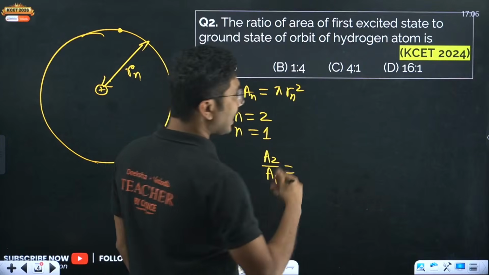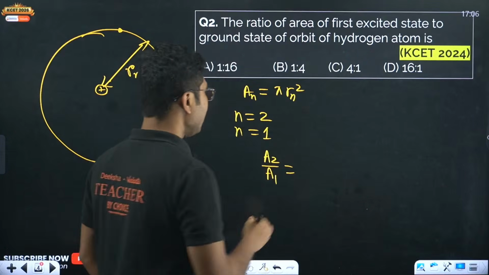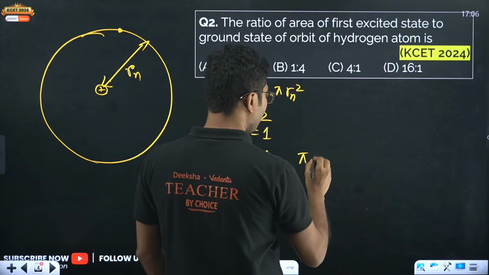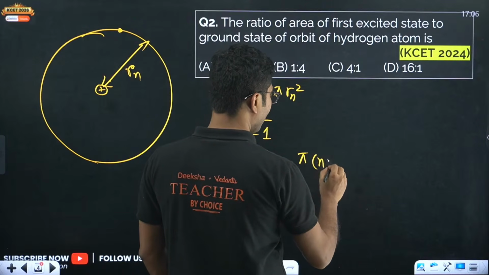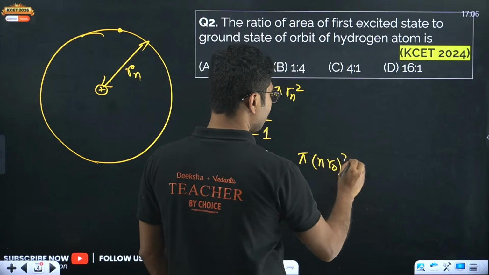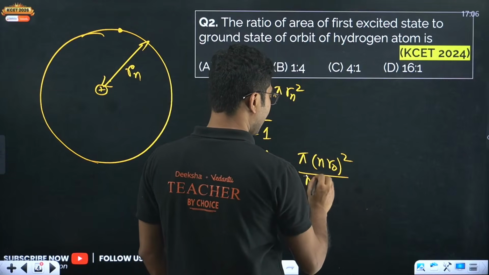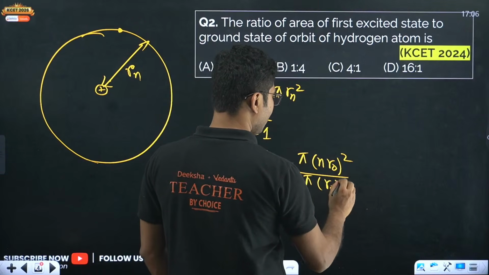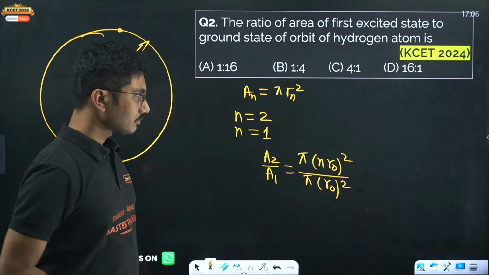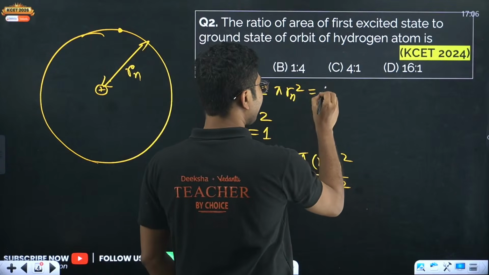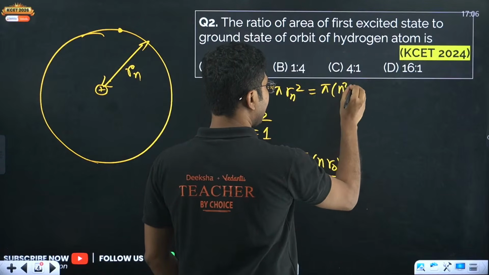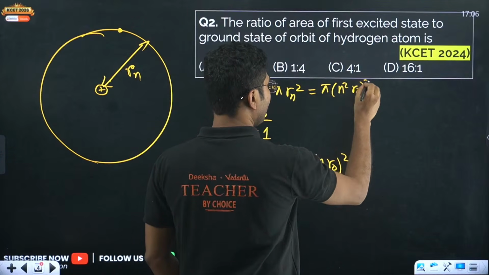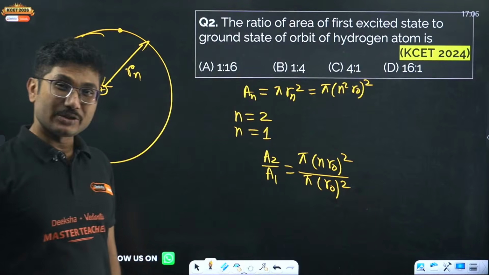Same concept that we have used for the previous question, that is pi into n r naught whole square divided by pi into r naught whole square. This can be written as pi into n square r naught whole square. So there is an n square r naught.